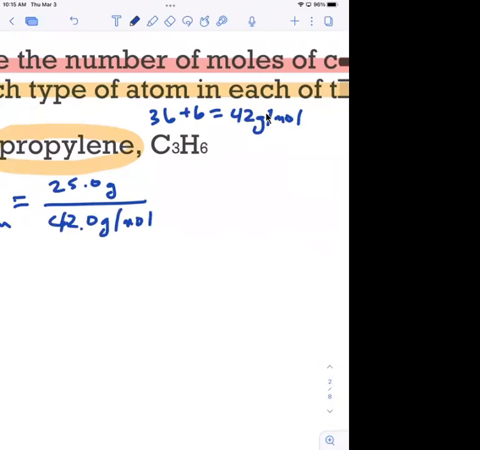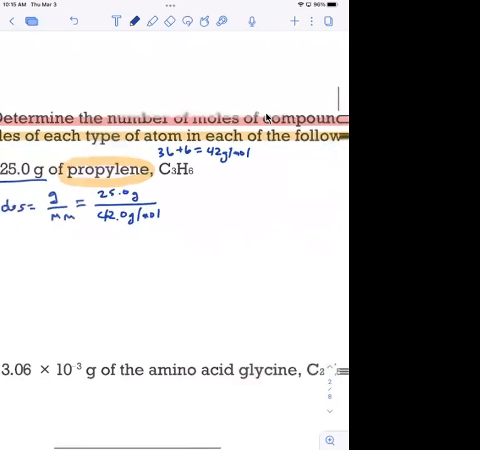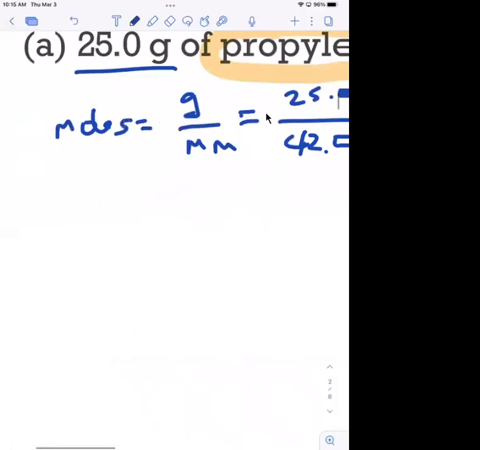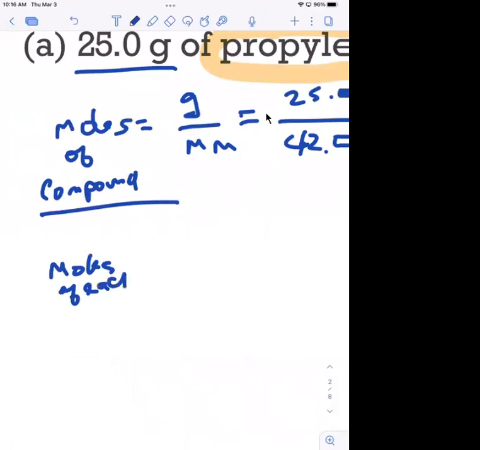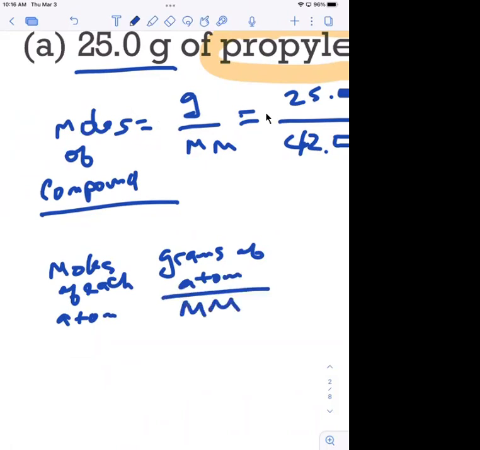So now, how do we get the number of moles of each atom? That's not trivial, but it's doable. So this is the moles of compound. And then for the moles of atom, we need the grams of the atom divided by the molar mass.